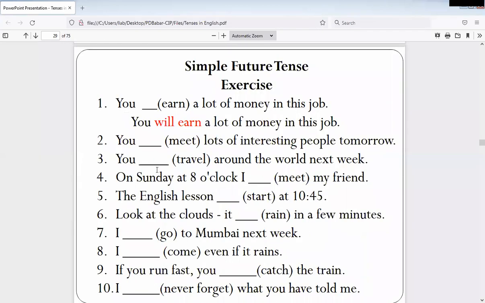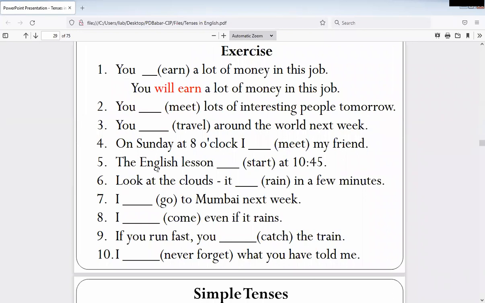Let's do this exercise. The first example is: you dash in bracket earn a lot of money in this job. Here we have to use will earn. You will earn a lot of money in this job.